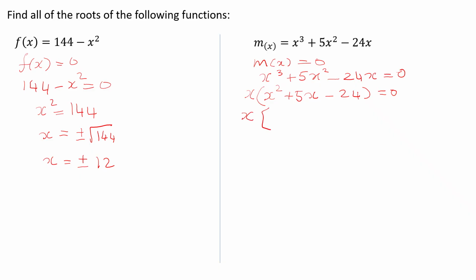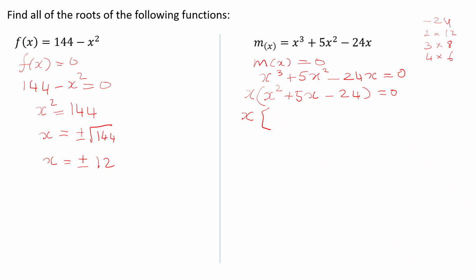If you multiply two numbers, you get negative 24. If you add the two numbers, you get positive 5. So 1 times 24, 2 times 12, 3 times 8, and 4 times 6.